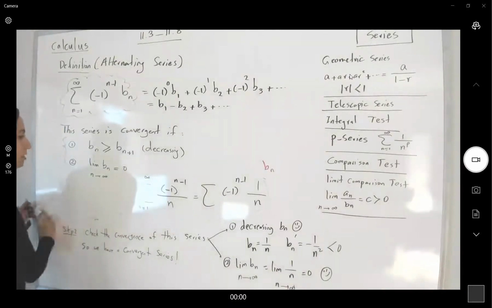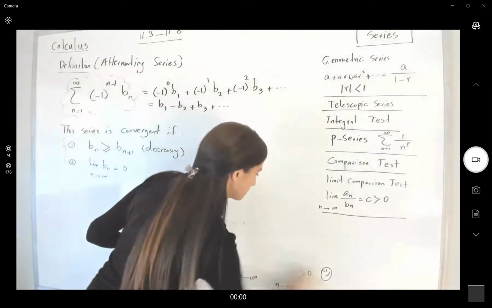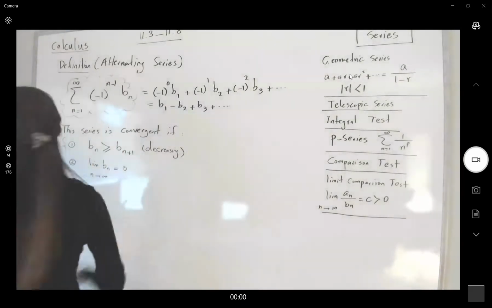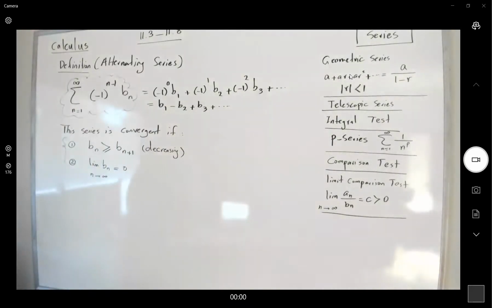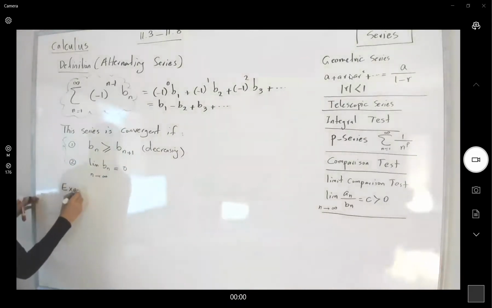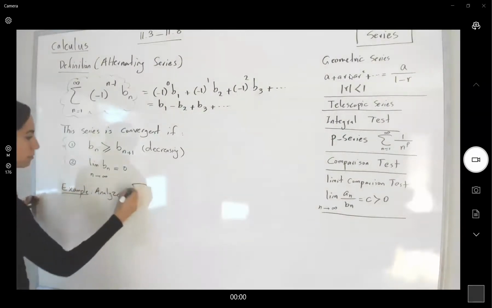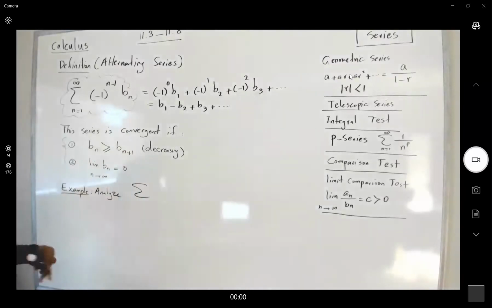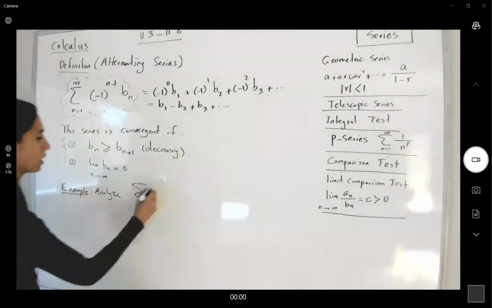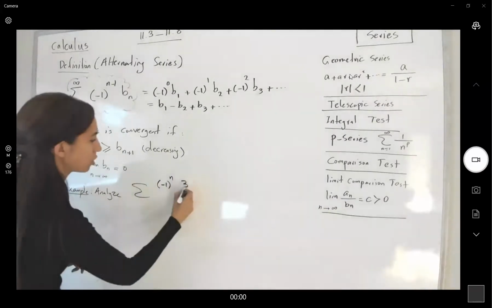Okay, let us start analyzing this one here. Question says, analyze this series. The series has -1 raised to n, and we have 3 times n.